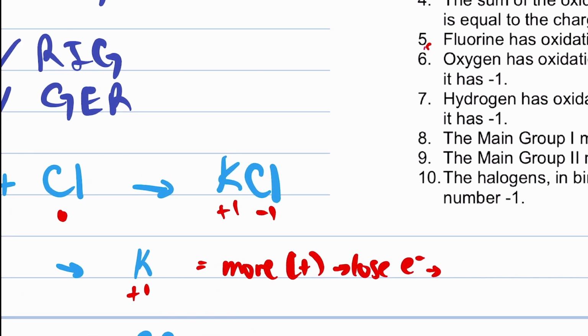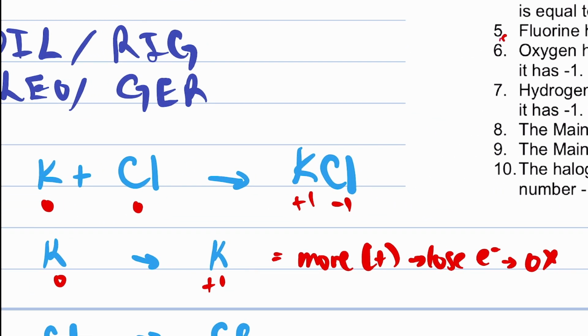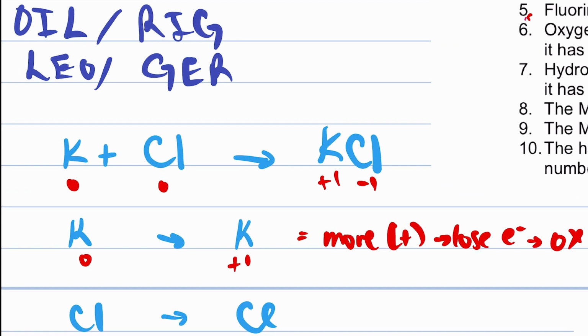Oxidized. Okay? Because OIL, right? Oxidation is loss. Then, when you're doing this, you identified that it was losing electrons. How many electrons did it lose? 1, right?